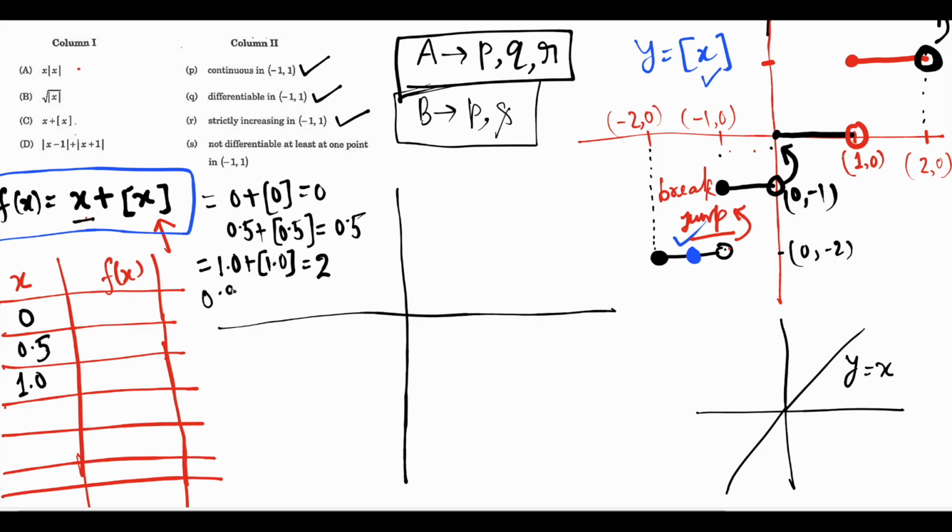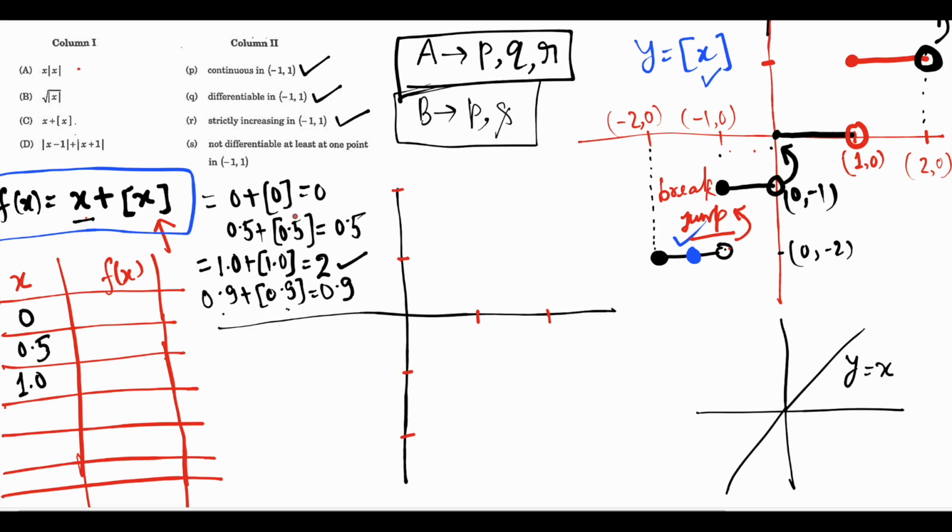Okay, let's just take one more point, which is x equal to 0.9. For that f of x will be 0.9 plus greatest integer function 0.9, which will be equivalent to 0.9. And so if we try to see the pattern of how the greatest integer function is behaving, that's what we had already concluded from our floor function, which was telling us that between 0 and 1, the floor function gives value as 0, which has turned out to be true once again.